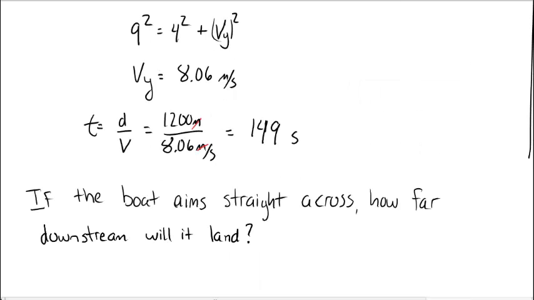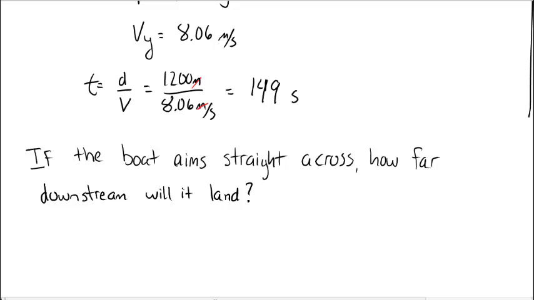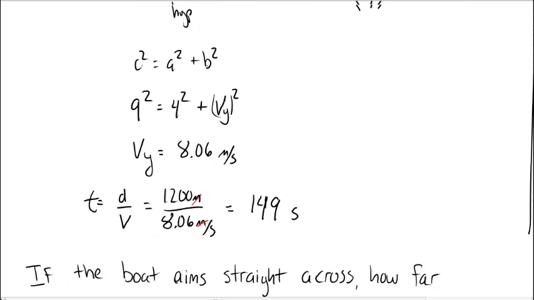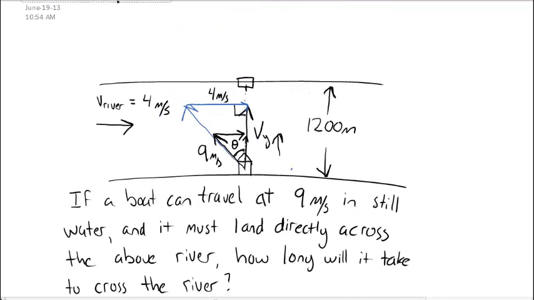Now if we change this question up a little bit, we say if the boat aimed straight across, how far downstream will it land? So if instead our boat went straight across, how far downstream will it land from the dock?